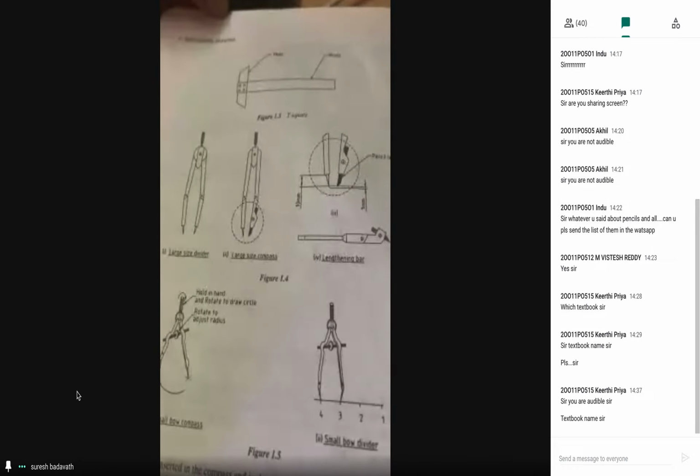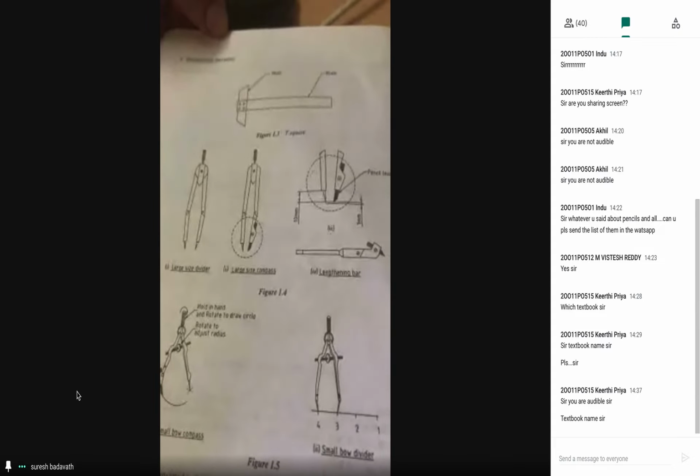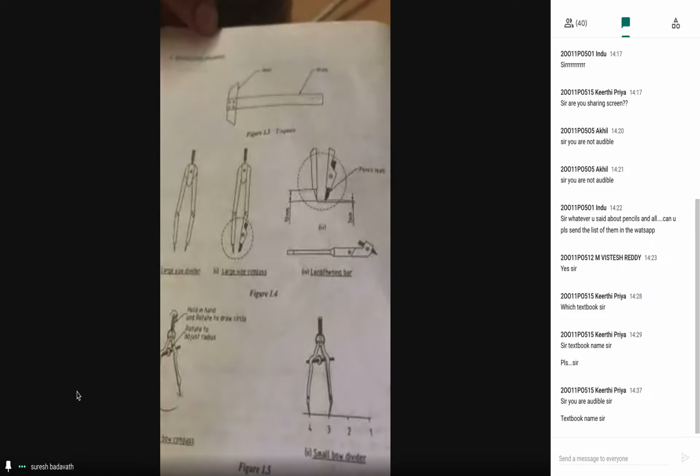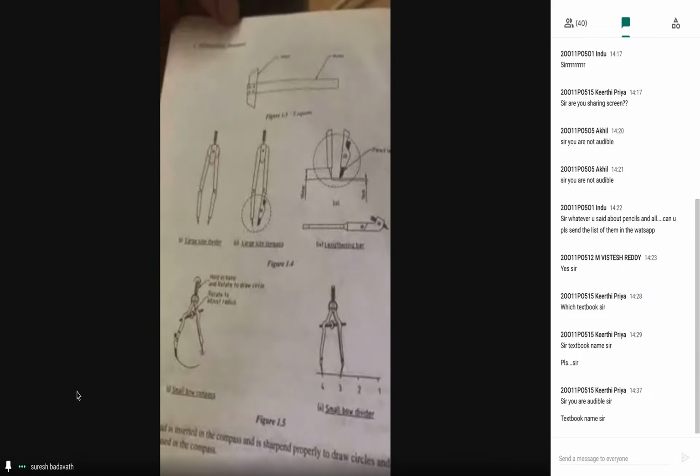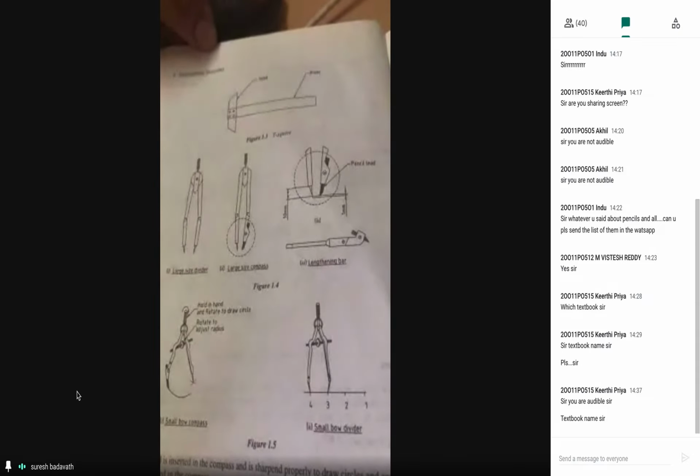These are different tri squares, the large set squares, large compasses. Okay, these are the drawing instruments used in the different drawing processes. These are drawing pencils.